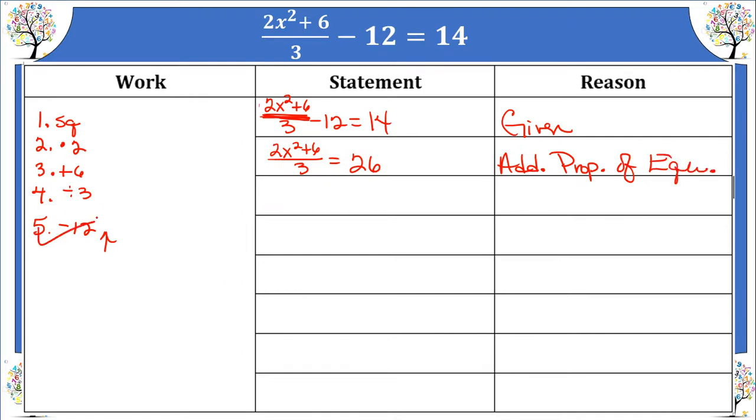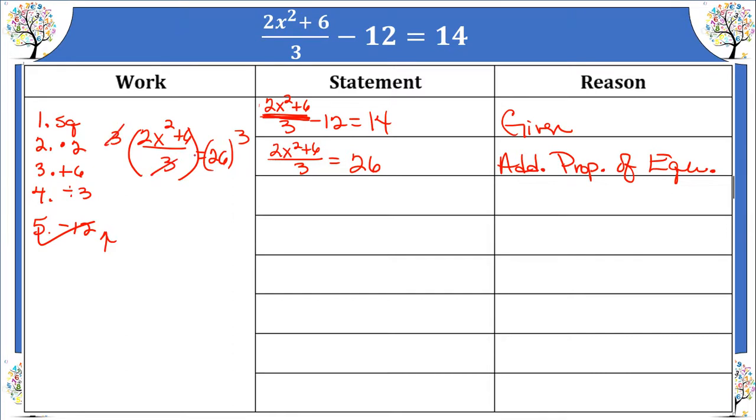Okay, so we did this. Now we're going to get rid of, so I have 2x squared plus 6 divided by 3 equals 26. Now we're going to undo division by multiplying both sides by 3.